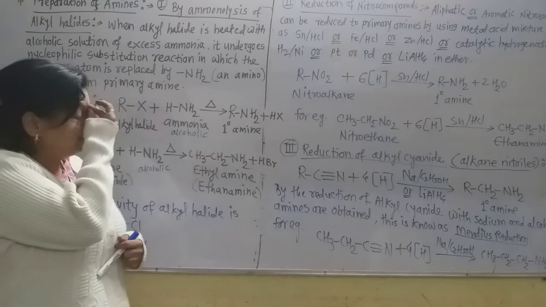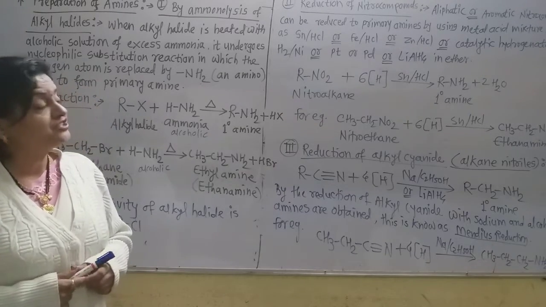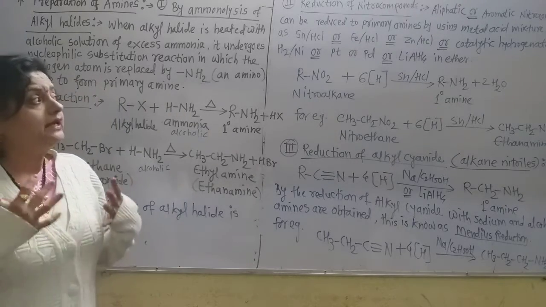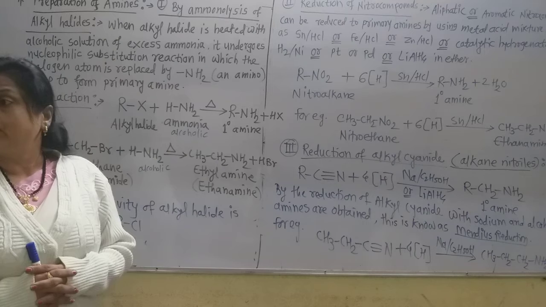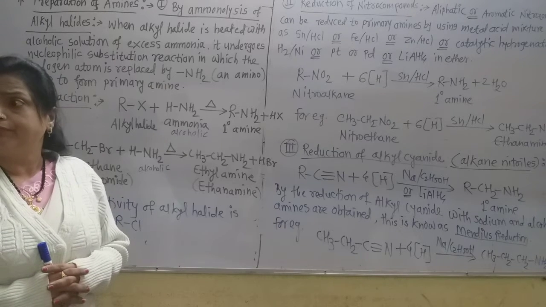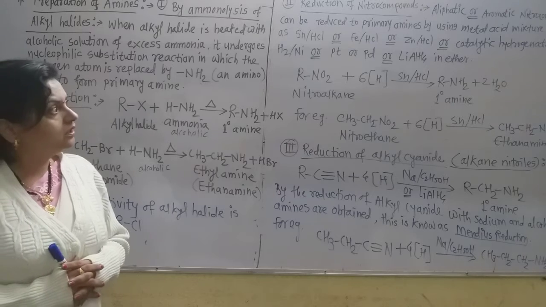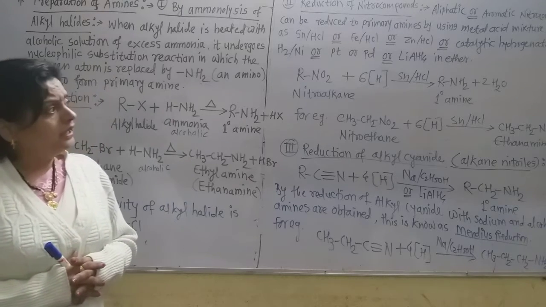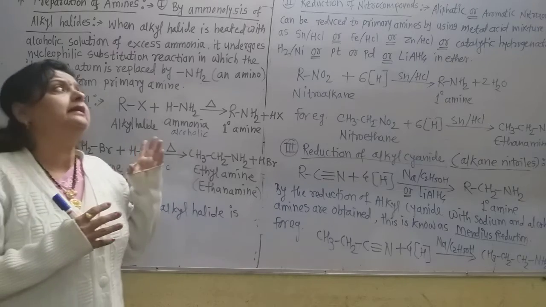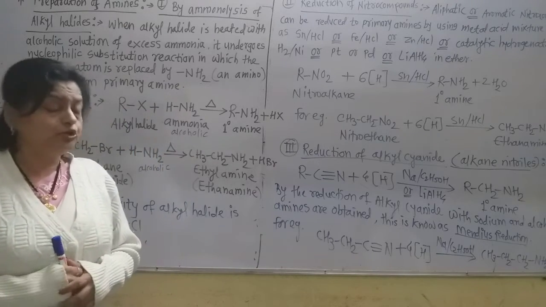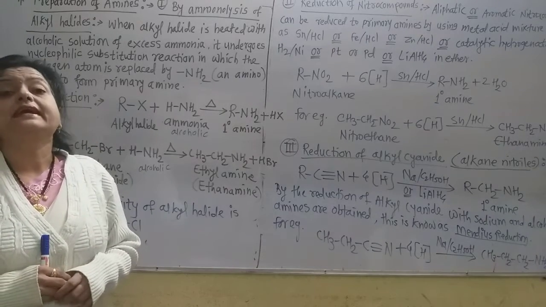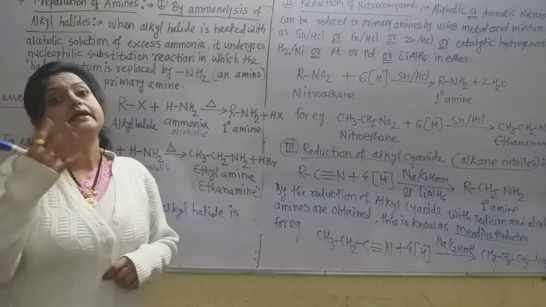Now you know the catalytic hydrogenation, that is nickel or platinum, palladium, and lithium aluminum hydride is a very powerful reducing agent. So if in the examination, in the MCQ etc., you have any of these reagents, you must remember that the nitroalkanes are directly converted into the primary amines.